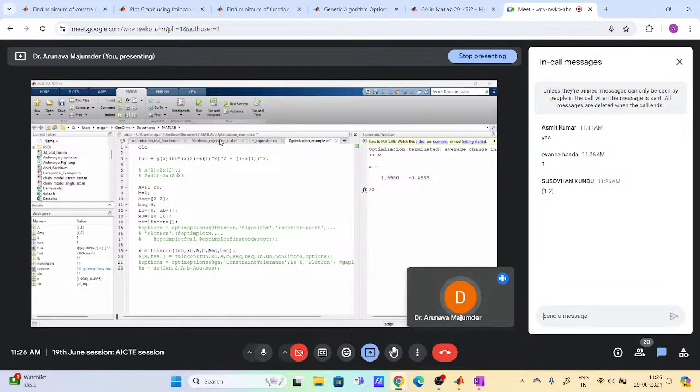If there is any greater than or equal to symbol, you need to convert the constraint into less than or equal to by multiplying by minus on both sides.